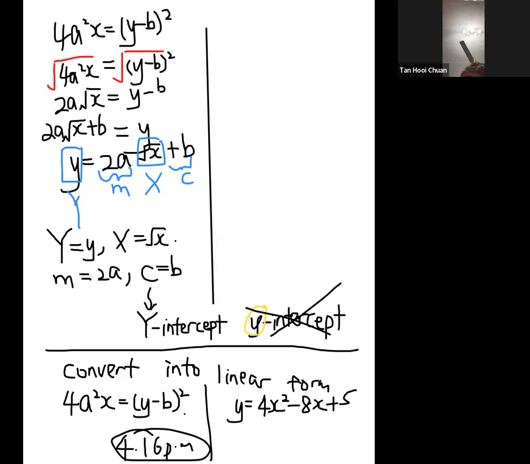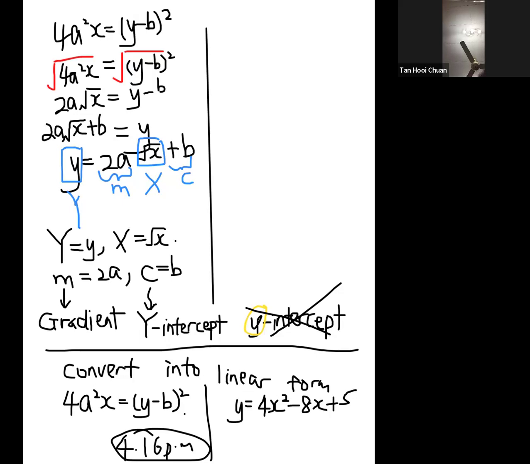They want capital Y. Your teacher wants you to write down gradient equal to 2a, Y intercept equal to b. Not the small y. Put capital Y, the big capital letter Y.